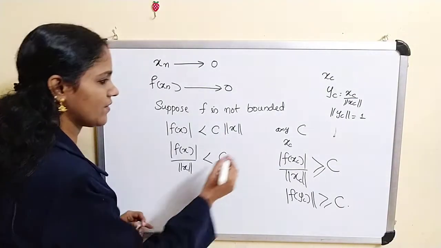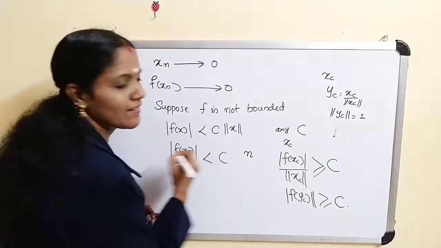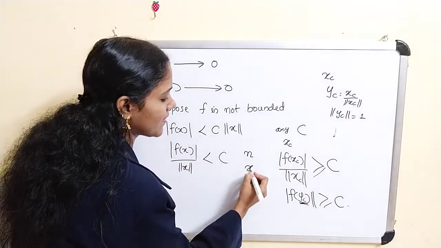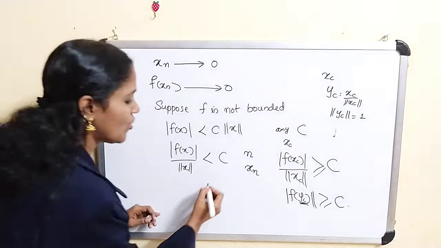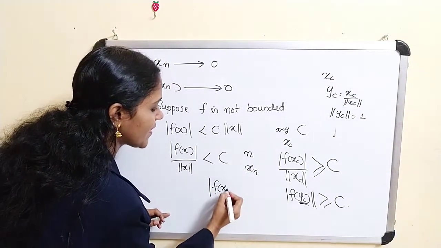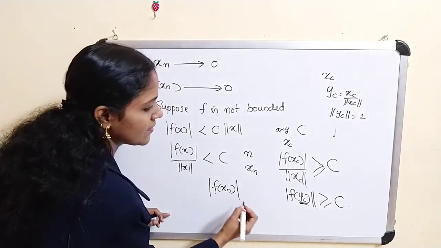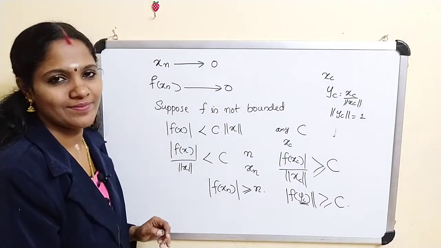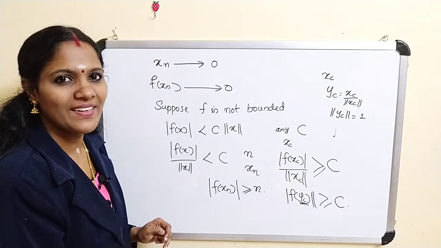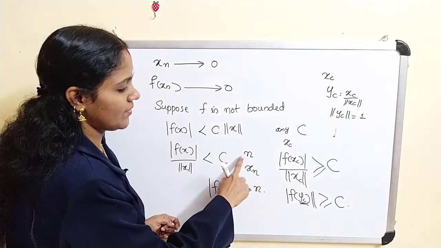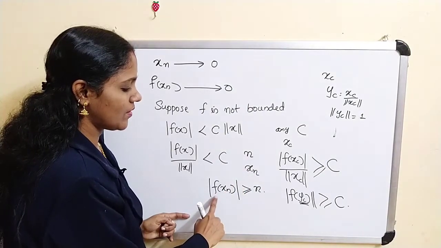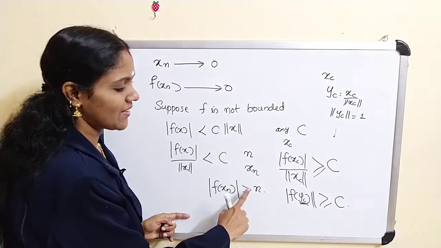Therefore, if you choose any integer n, then you can find some xn such that modulus of f of xn is greater than or equal to n.